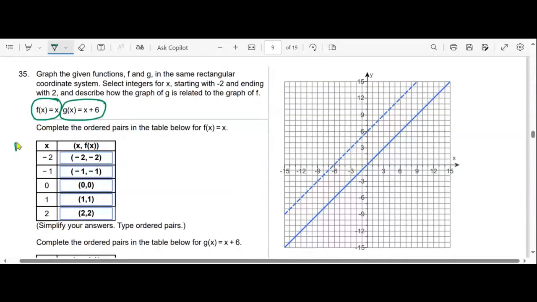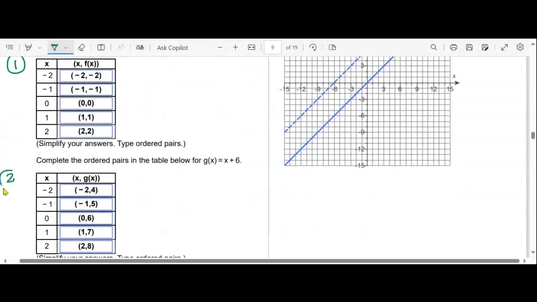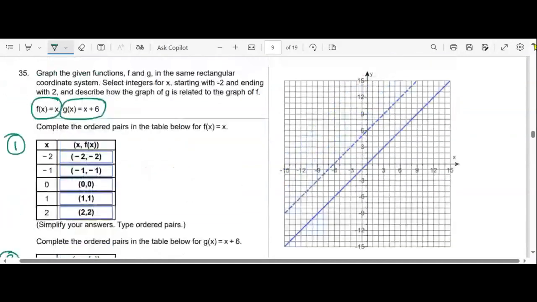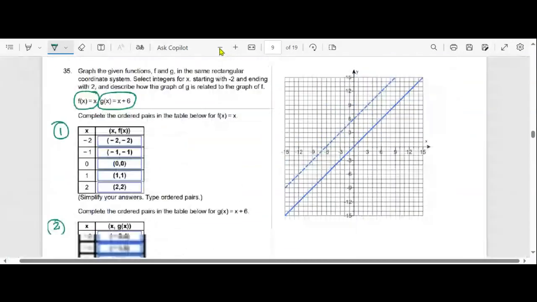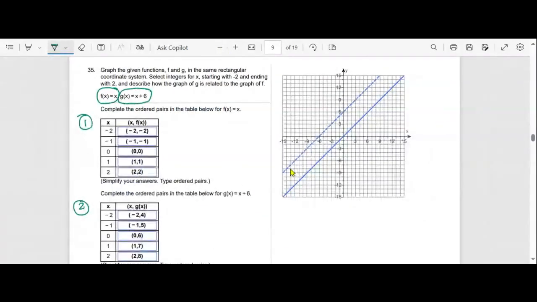So you have to graph it one time here, and you have to graph it one time here. Put the points and you graph them here. I think you did this before, right? You remember this one? Do you have any question about this one? Is it easy or hard? It's easy.